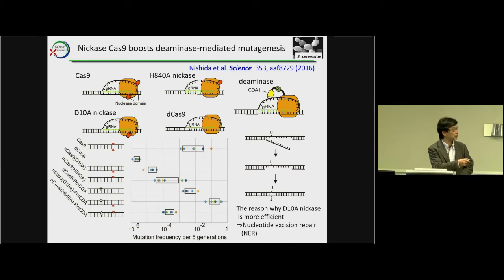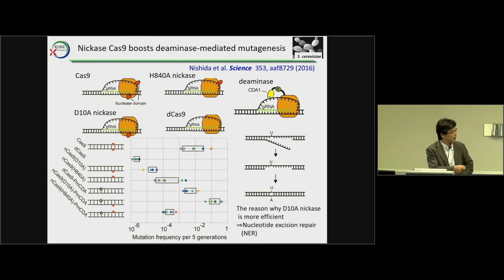This is the same strand. If you compare these constructs, you can clearly see this efficiency is much higher than the others. So that means this construct, the nickase which creates a nick on the opposite side of the deamination, has much higher activity than the others.